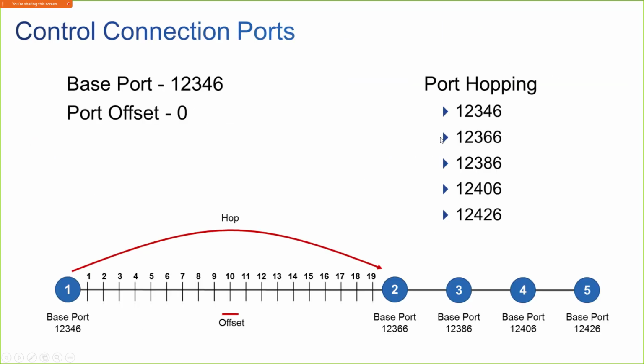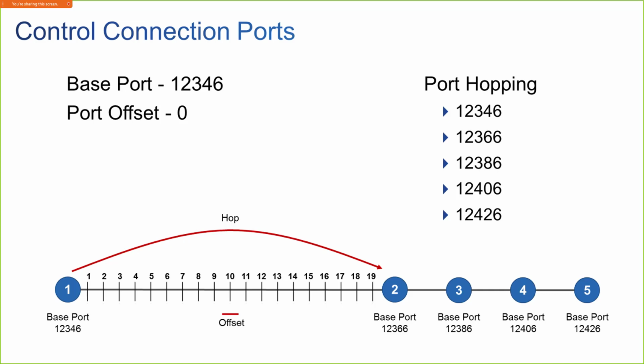All right. This I mentioned as well, the default port offset, the base port for our UDP sessions, 12,346, and then the port hopping. I don't really need to get into too much detail on this because I already went through all this, but the idea is that we have to be able to identify the devices uniquely.